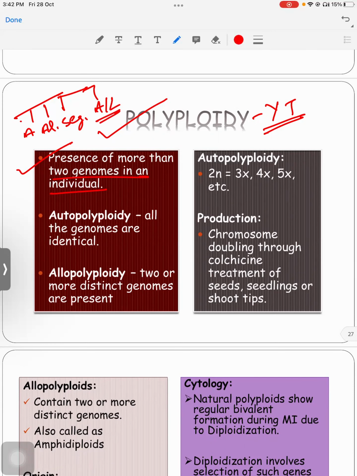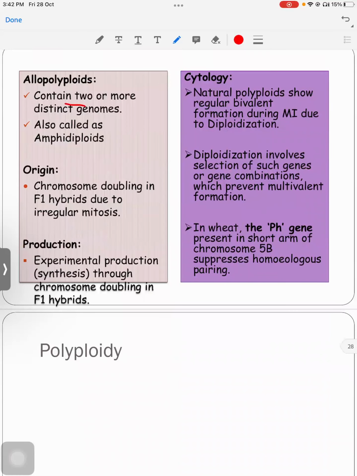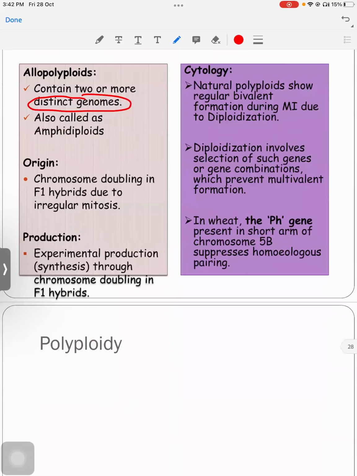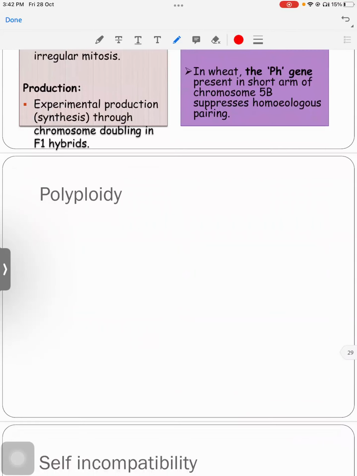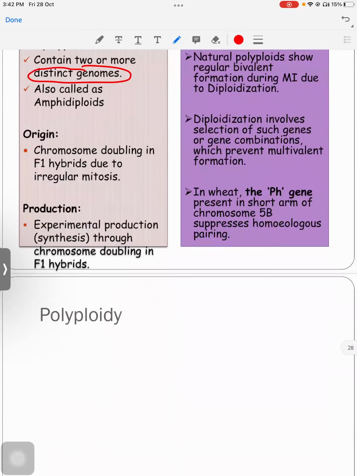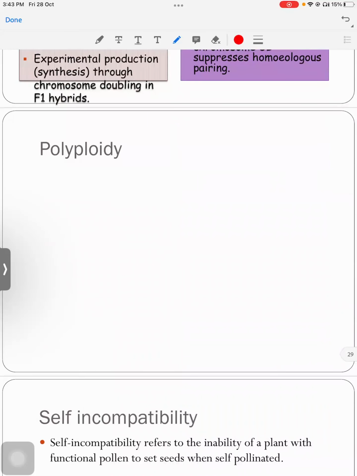Here the keyword is that a distinct genome should be there. This is the basis of polyploidy, and they've also asked about the application of polyploidy.